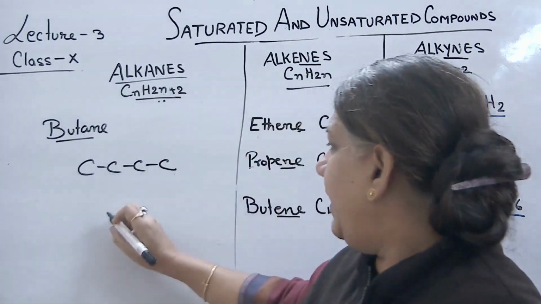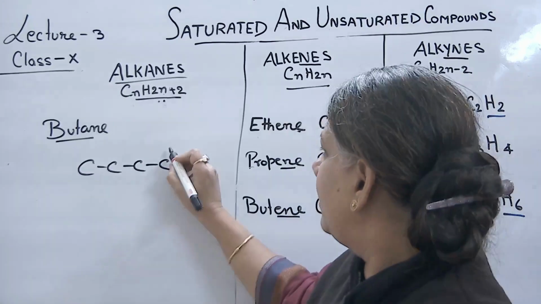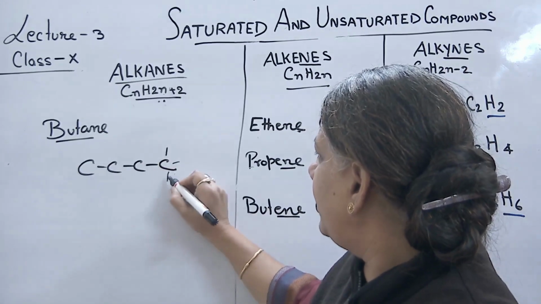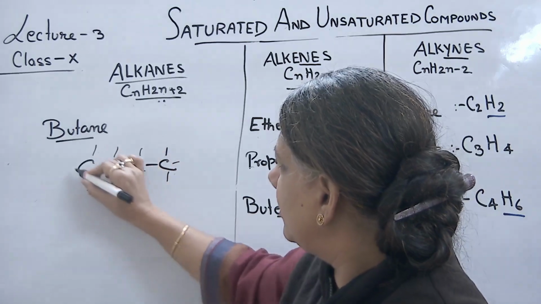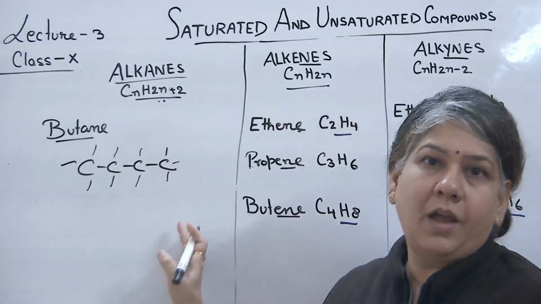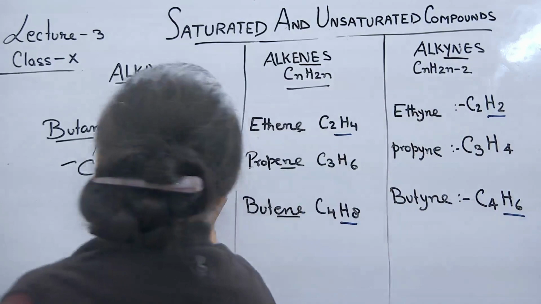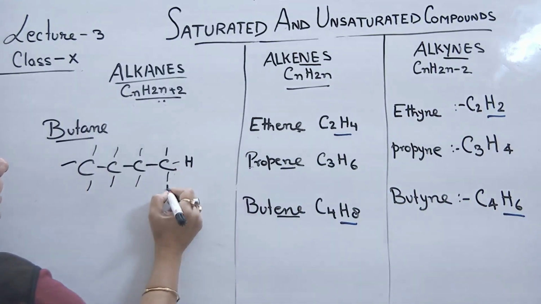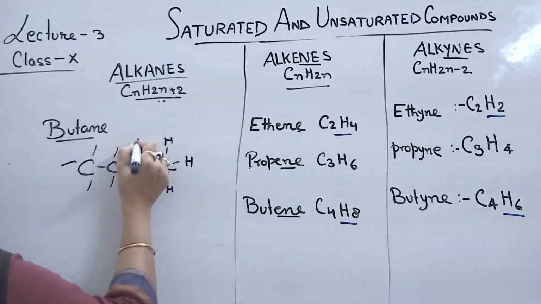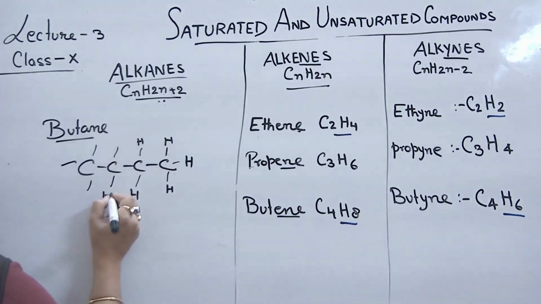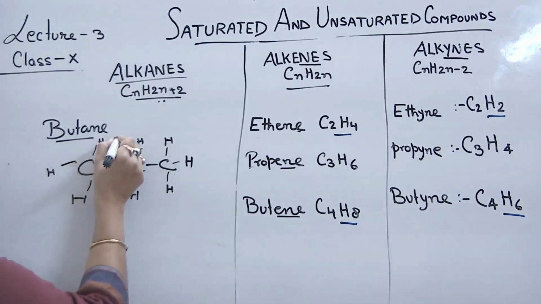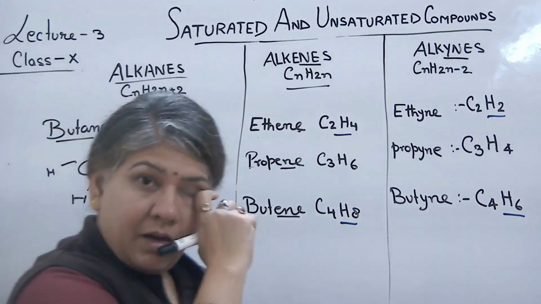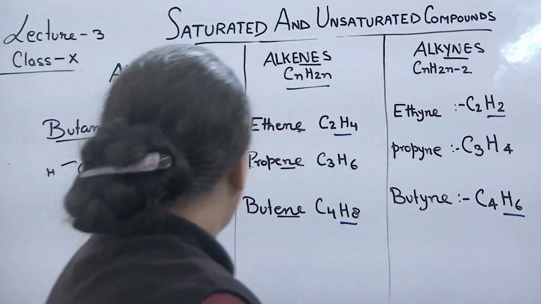Then complete the tetravalency of carbon by putting rest 3 bonds and fill it with hydrogen. It's like a simple game that you are playing with carbon and hydrogen atoms. Nothing to mug up. Just understand and write down.